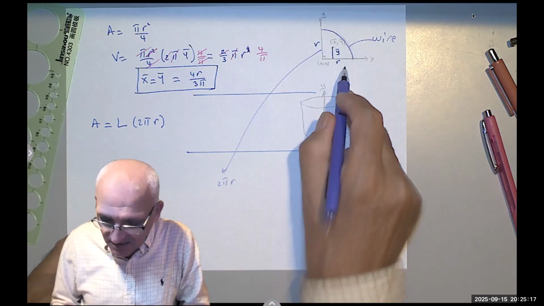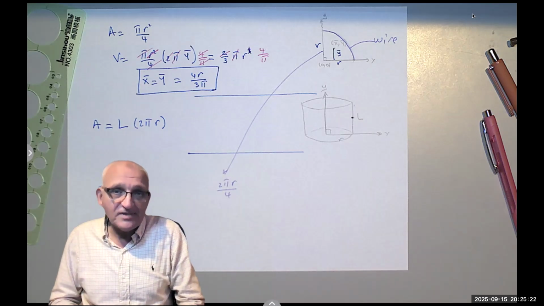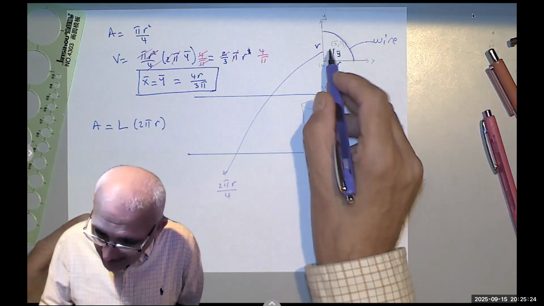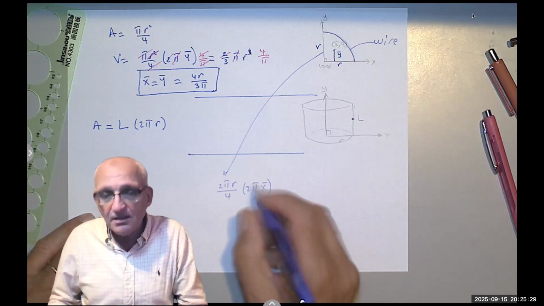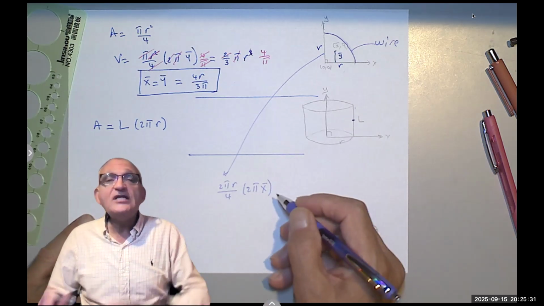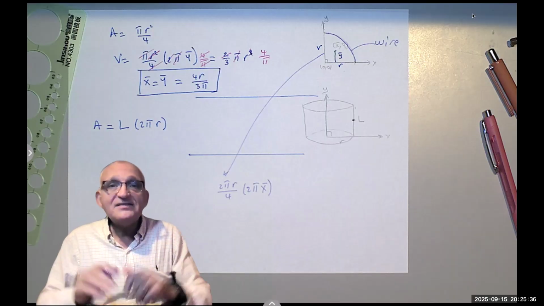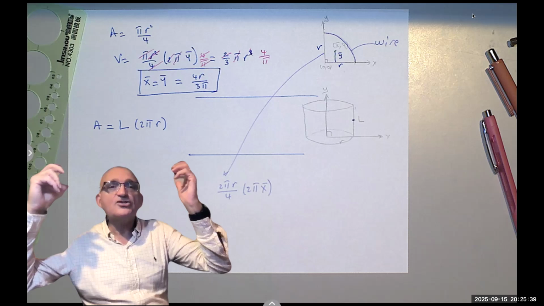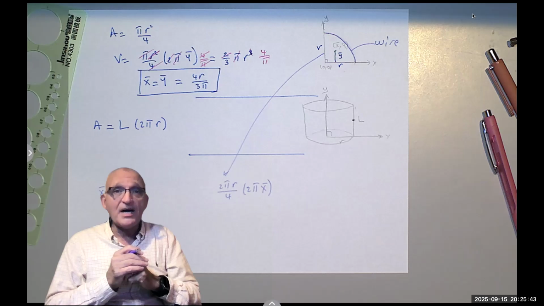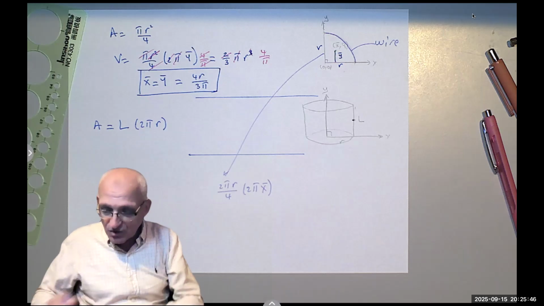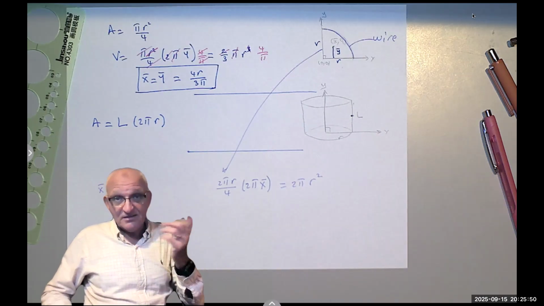So this distance is 2 pi r over 4, right? That's the length. If I multiply it by 2 pi x bar or 2 pi y bar, it will generate half a sphere, a hemisphere, but it generates the surface area of a hemisphere. I know that the surface area of a sphere is 4 pi r squared, so that would be 2 pi r squared, right? Hemisphere.